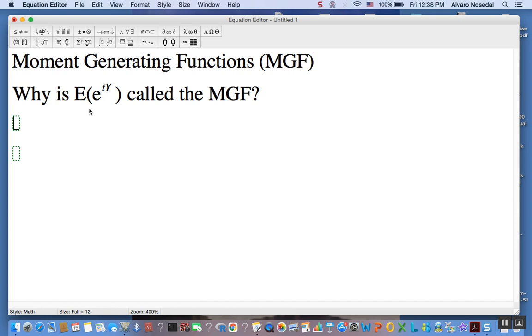So we're going to be thinking about this transformation e to the ty as a function of t, and we're going to re-express it using a Maclaurin series.